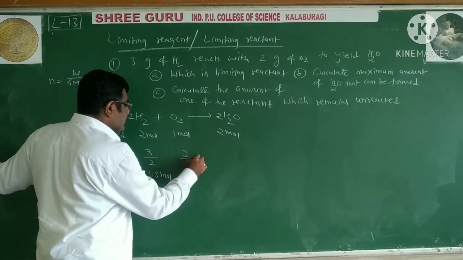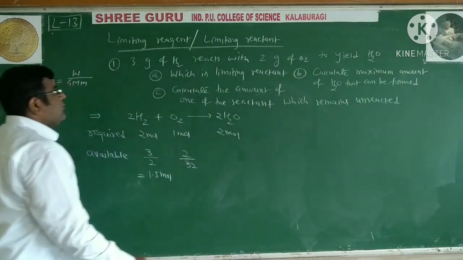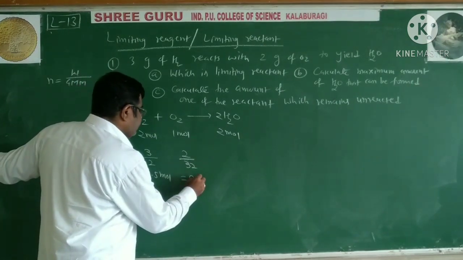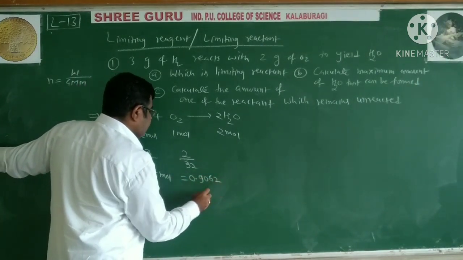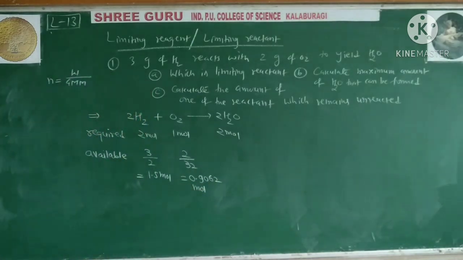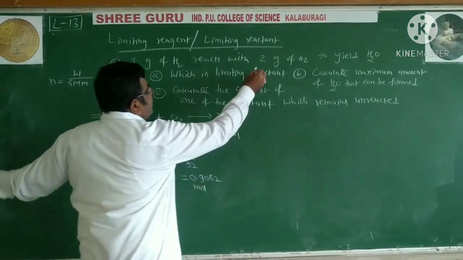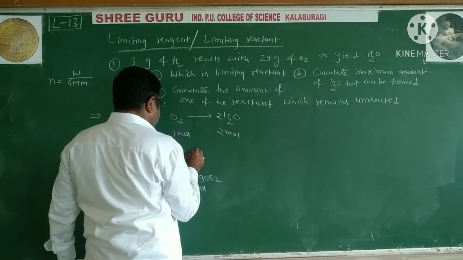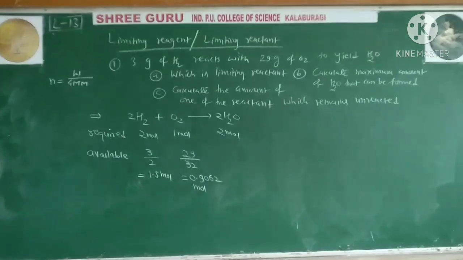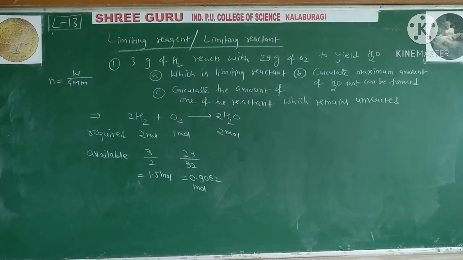Then 2 grams of oxygen, 2 divided by 32. Sorry, it is 29 gram. 29 by 32 is 0.9062 mole.